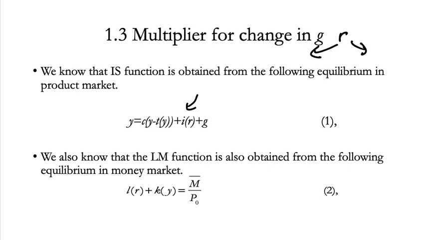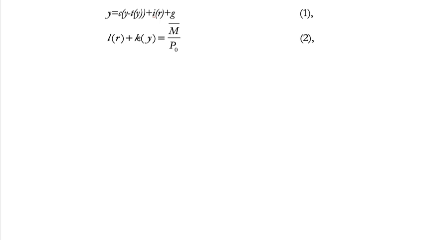Alright, so how do we do it? Before we proceed with the mathematical operation, I'll bring equation 1 and equation 2 onto this page so that we can always refer to them when we do the maths. Remember, we want to derive the multiplier for change in G when R is incorporated in the model.